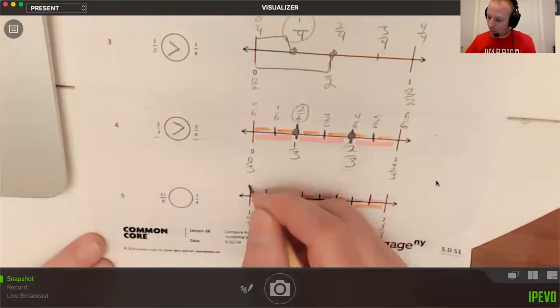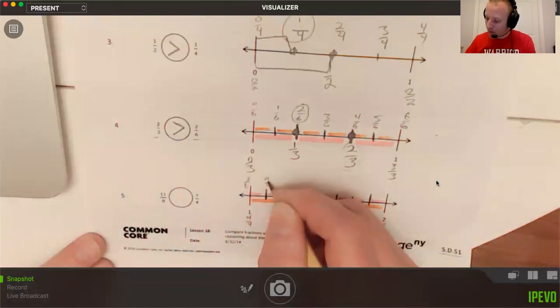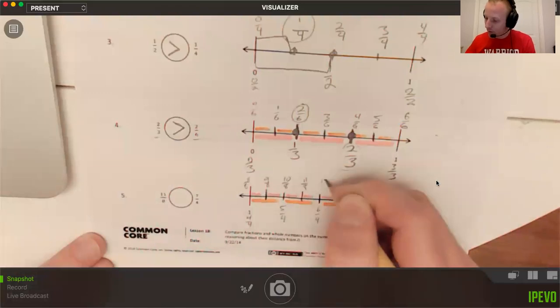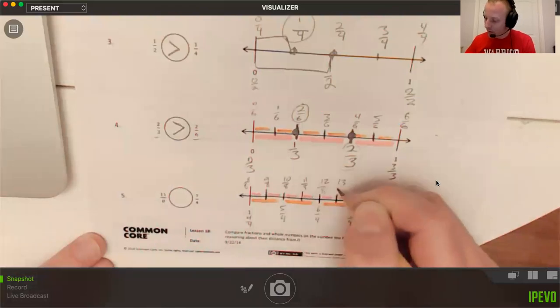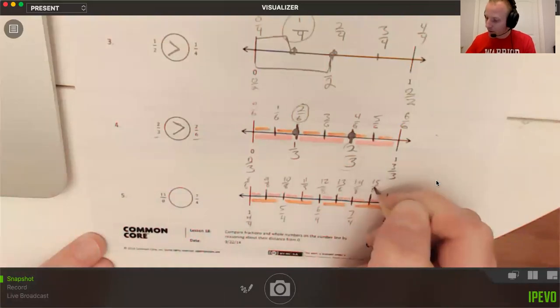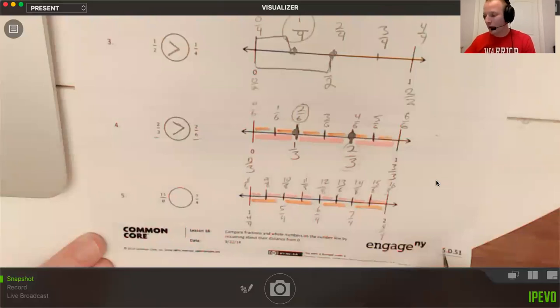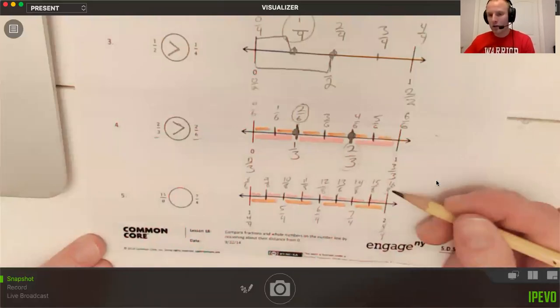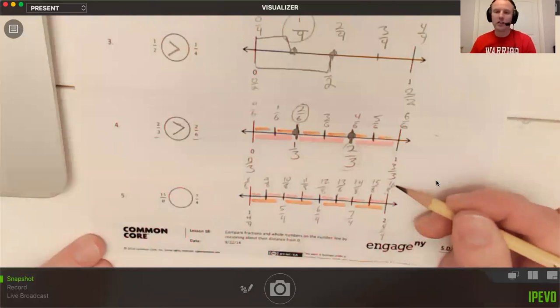So this is 8/8 equals 1, 9/8, 10/8, 11/8, 12/8, 13/8, 14/8, 15/8, and 16/8. Now I can again check 16/8 to make sure it's true. I can go 2, my whole number, times 8, the denominator, is 16, and it does line up.